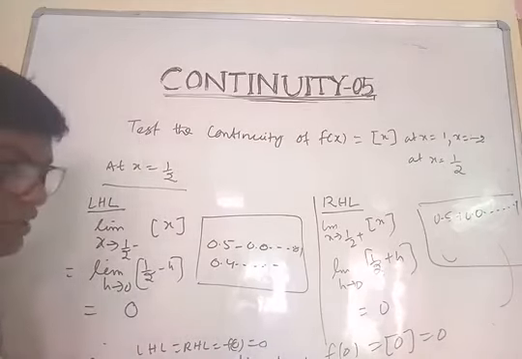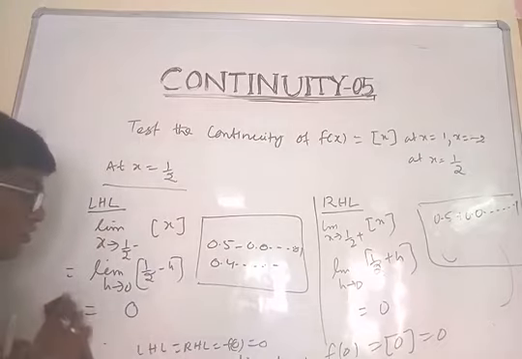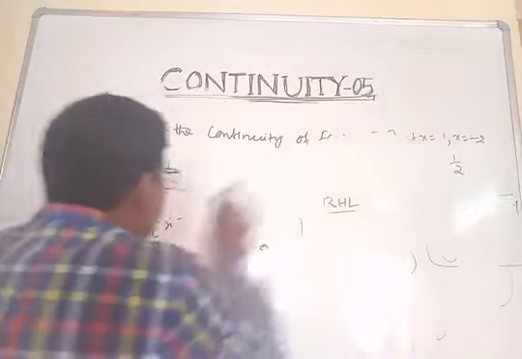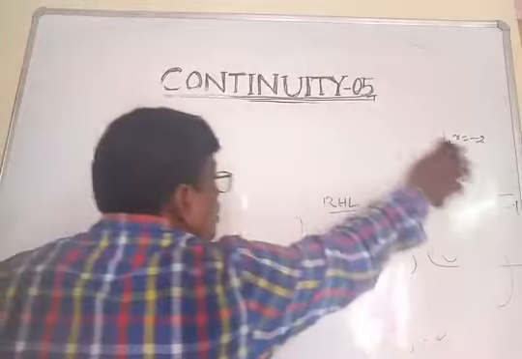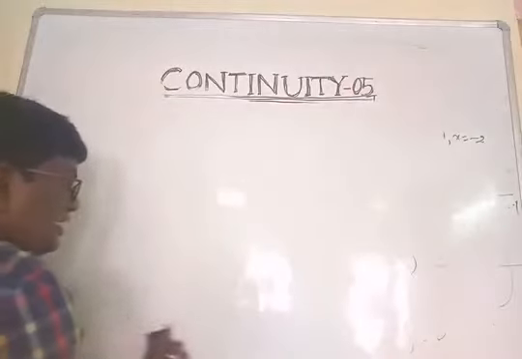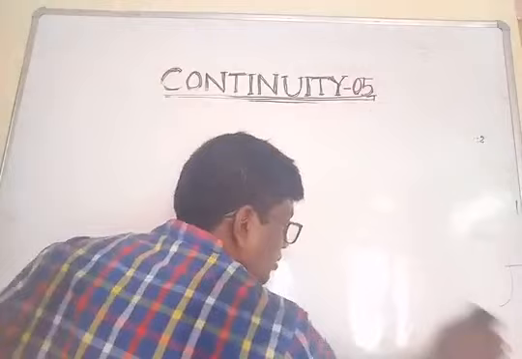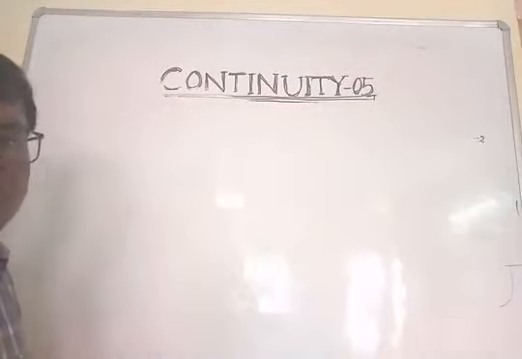From the above 3 examples we conclude that the greatest integer function is discontinuous at integers and continuous at non-integers.